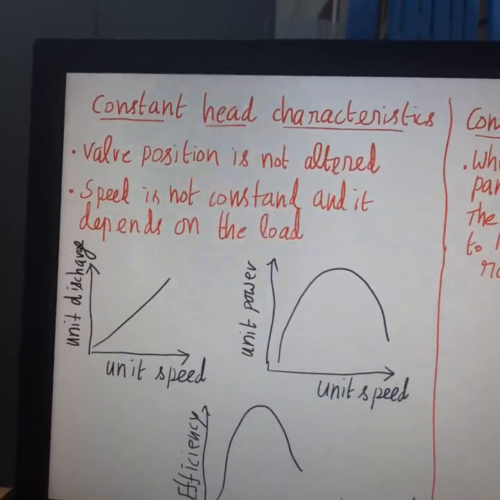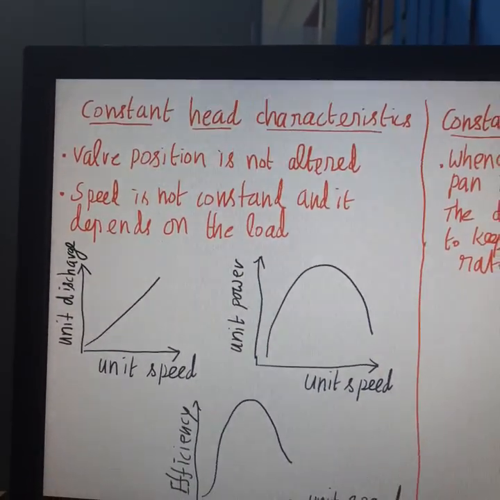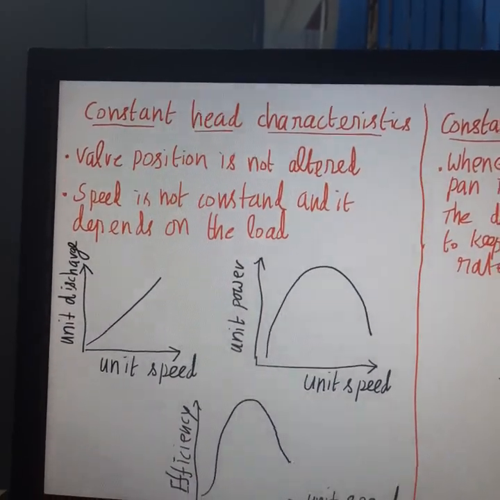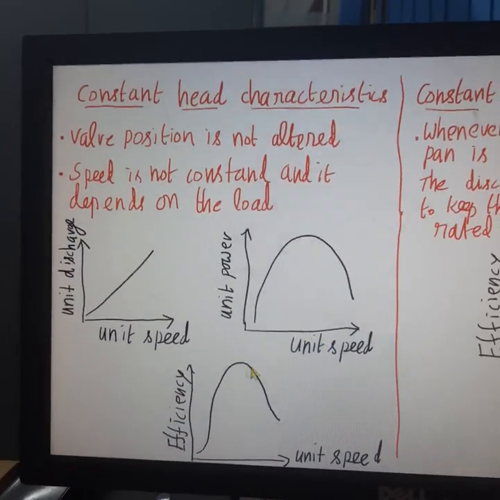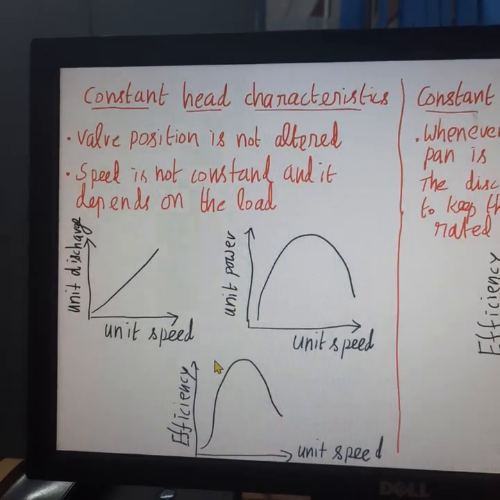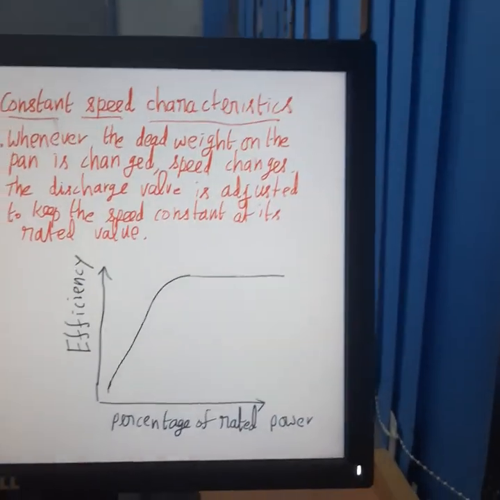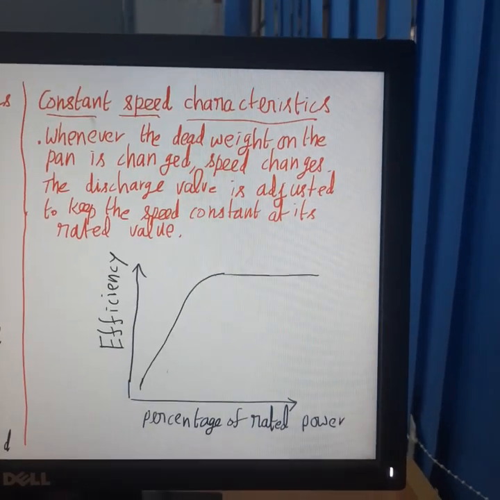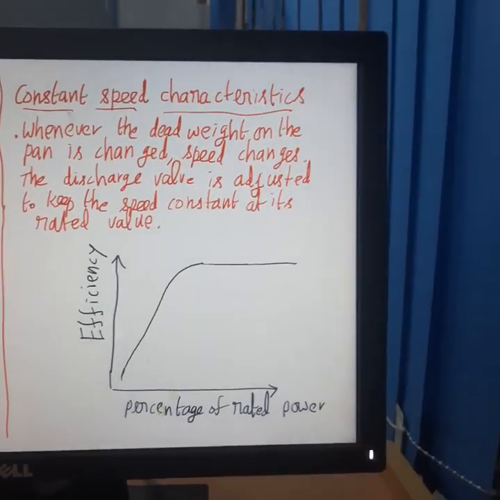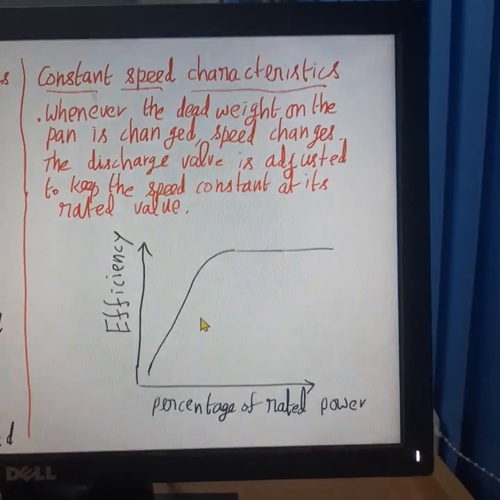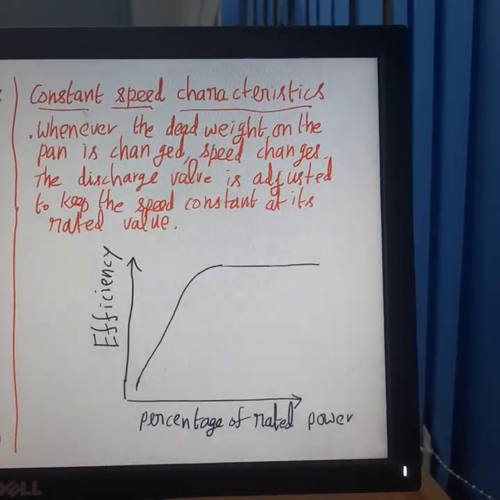When you want to determine the constant head characteristic of a turbine, this is the graph that you have to draw after completing the experimentation. When you want to determine the constant speed characteristic of a turbine, this is the graph you have to draw after completing the experimentation.